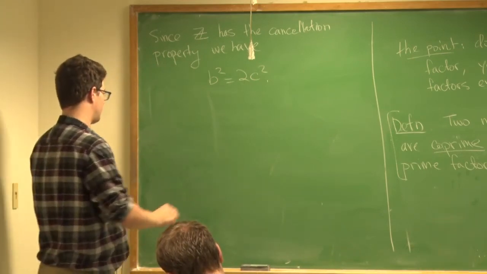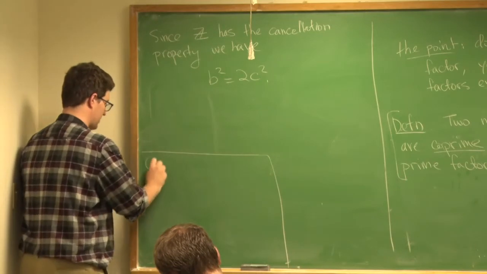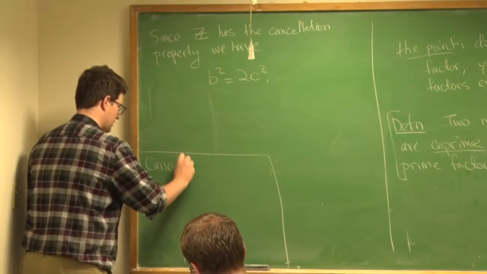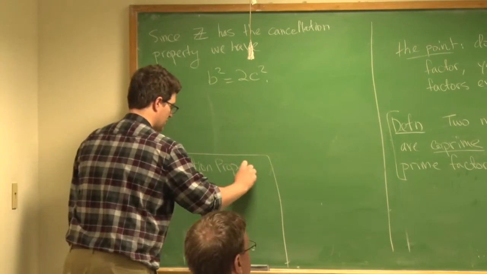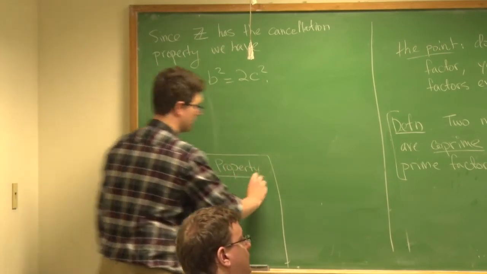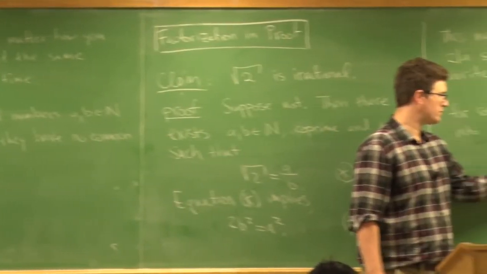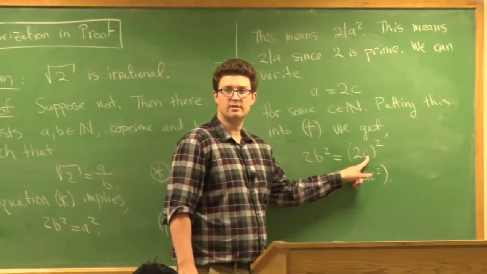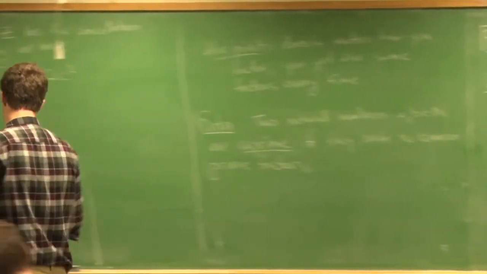Okay, so let me do a little thing here about the cancellation property. Here, it's like 2 squared, so we have 2 squared times c squared. Right? The cancellation property is the following.